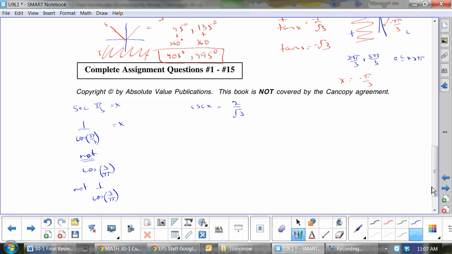How would you solve this one? This is the same thing as 1 over sine x equals 2 over root 3. Do you see I haven't changed the question at all? Because cosecant means 1 over sine, so sine x would be root 3 over 2. Hey, it's on the unit circle.